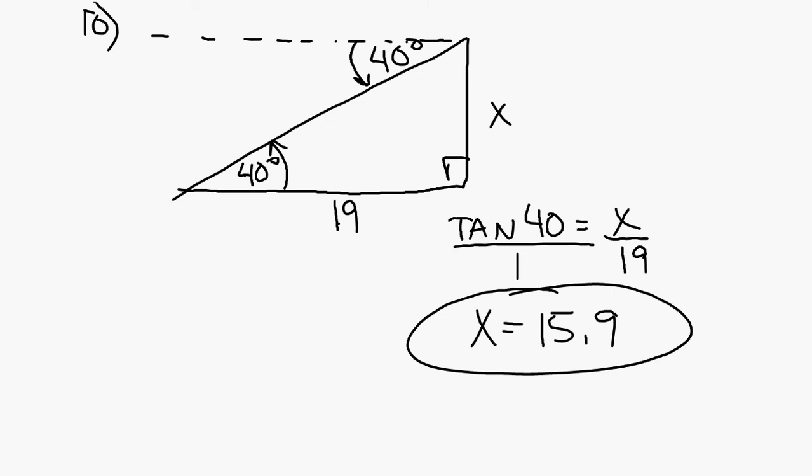Number 11. Another angle of depression. And a right triangle. Your angle of depression is 10 degrees. X is the hypotenuse. One leg is 1349 feet.